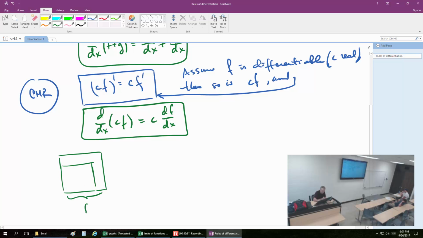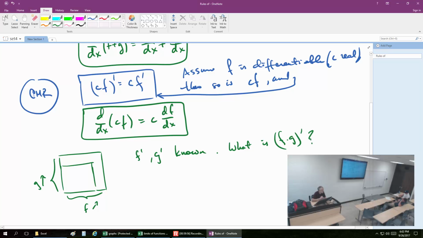This is f growing, and this is g growing with time. f is growing at a certain known rate, and g is growing at a certain, also known, rate. The question is, f is known, g is known, what is (f times g) prime? In other words, how fast is the area of this rectangle growing?